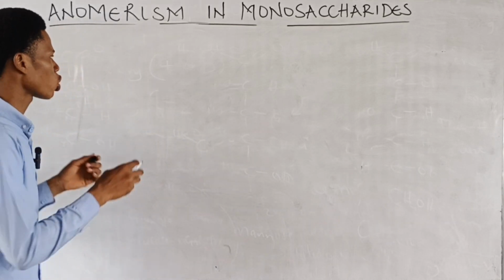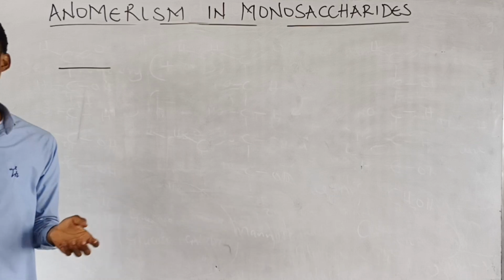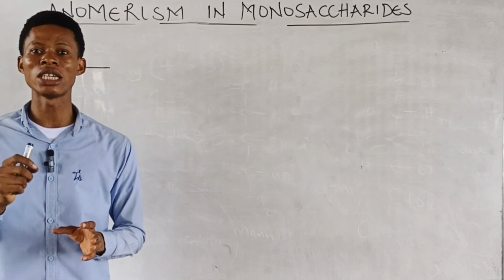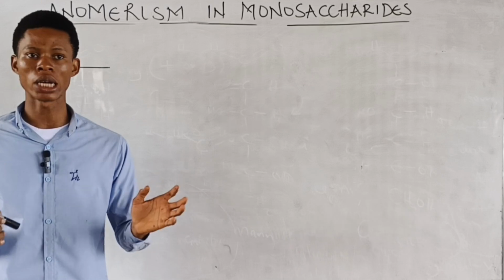Take for example, if you have something like this, please note that anomerism is only experienced in cyclic sugars. That is the Haworth structures of sugars.